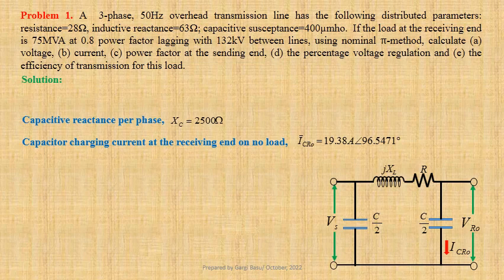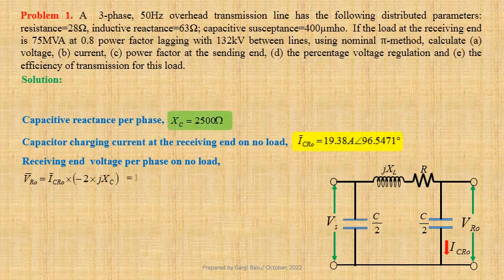96.5471 degree. Now we shall determine receiving end voltage per phase on no load. VRO equals to ICRO into minus of 2 times jXc. Using values we get 19.38 at an angle 96.5471 degree into 5000 at an angle minus 90 degree.